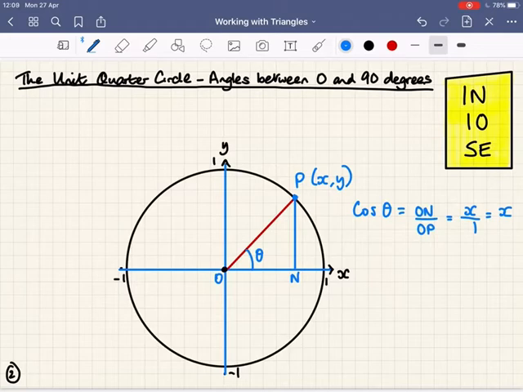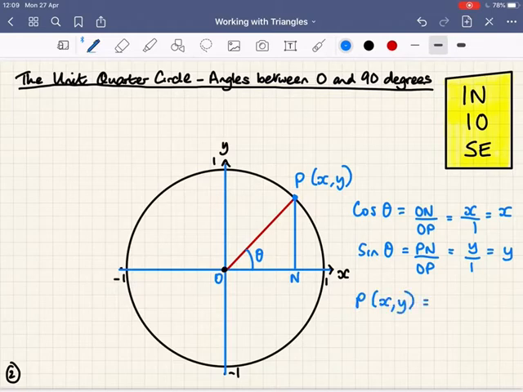And sine theta is opposite, which is PN, over hypotenuse, which is OP. The coordinates tell me that this is equal to y. So in this remarkable unit circle, the coordinate P(x, y) is actually the coordinate (cos theta, sine theta).